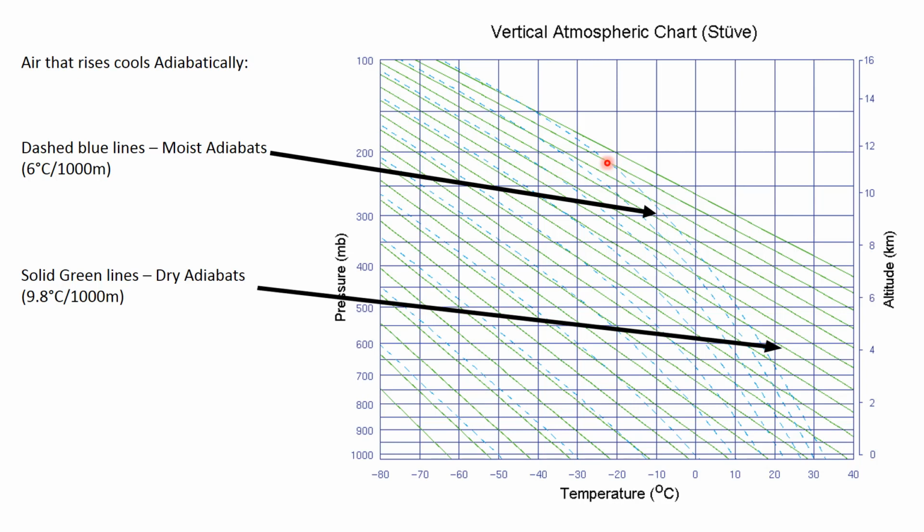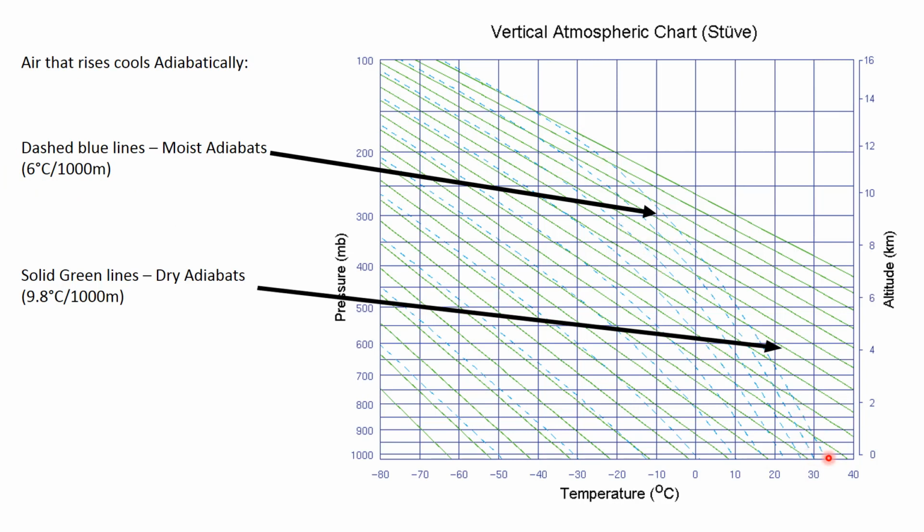Once it cools to the dew point, you're going to get cloud formation. Now clouds form via condensation. And when condensation occurs, it releases latent heat into that air, which slows down its rate of cooling. And so moist air cools at a rate of 6 degrees Celsius per every 1,000 meters. Again, I'm not going to make you calculate what the temperature is at different heights because these lines already do that for you.